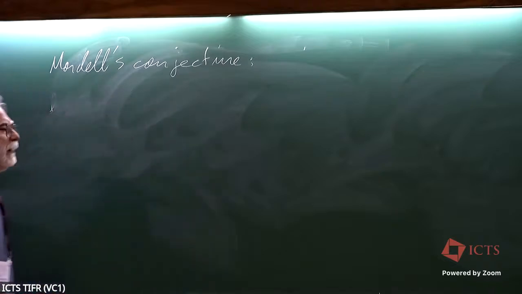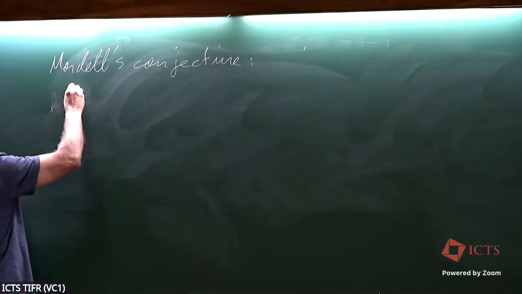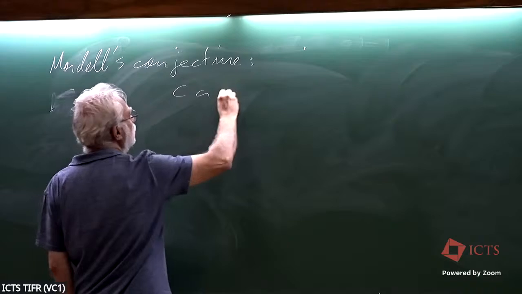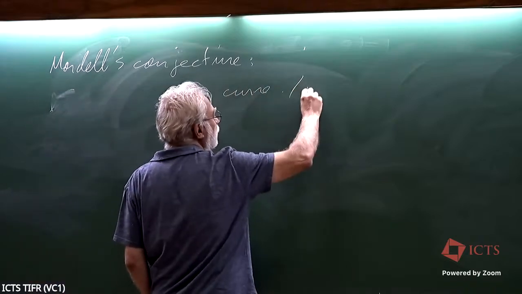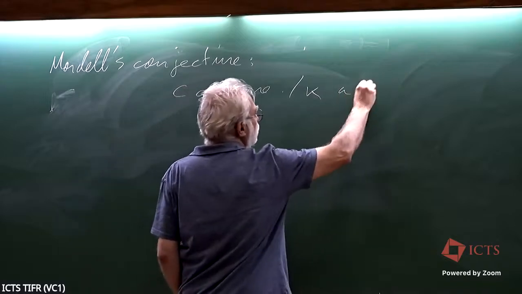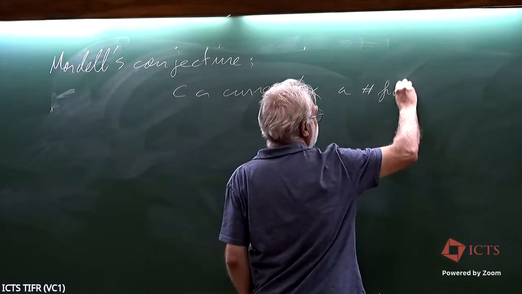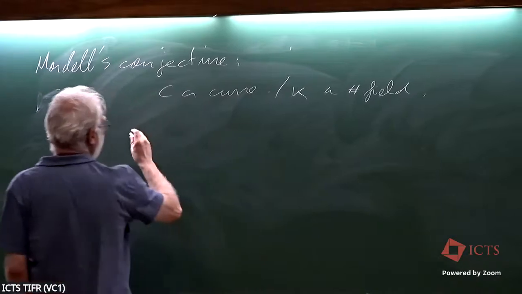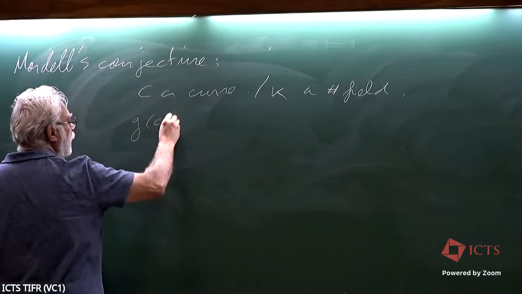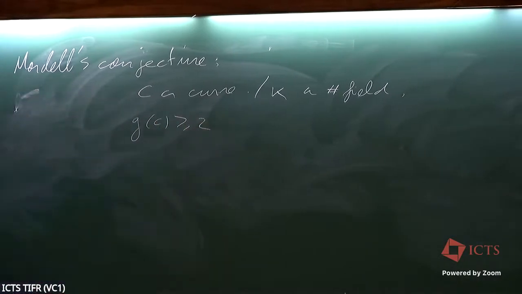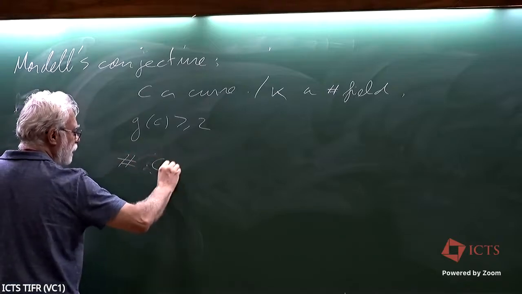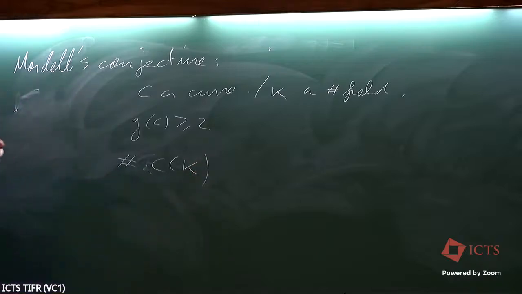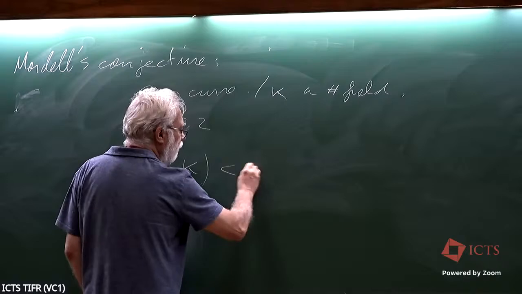This tells me that if I have C, a curve defined, for instance, over a number field, and I know that the genus of C is bigger or equal than 2, then the number of points in C defined over K is always a finite number.